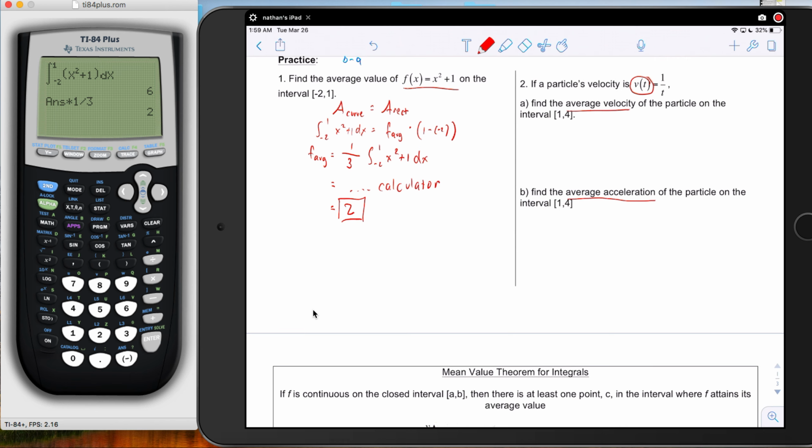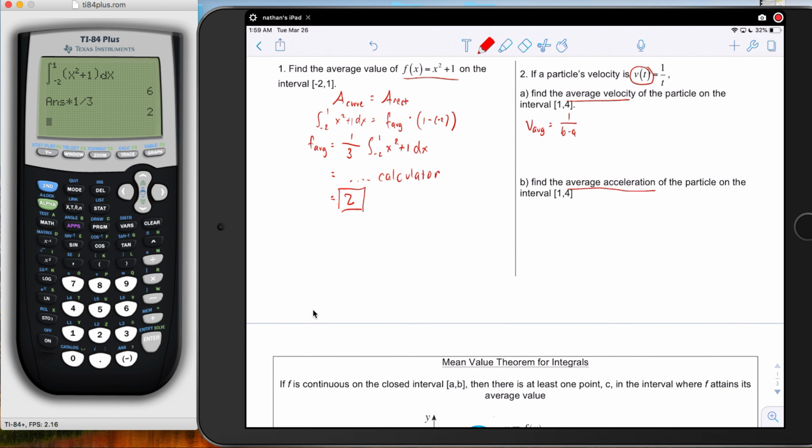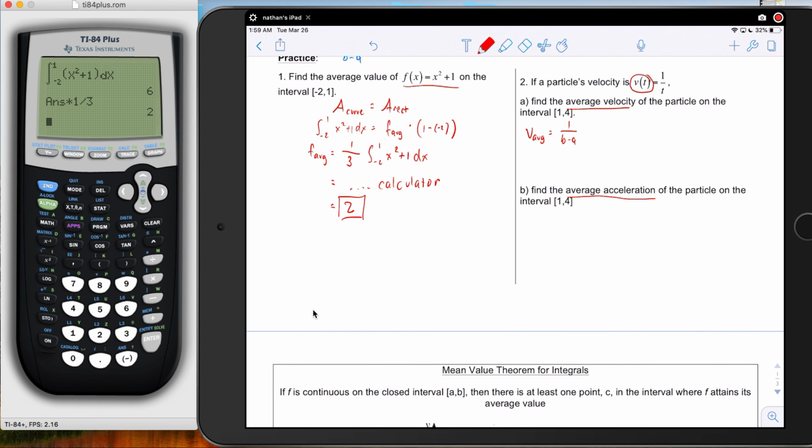So v average is going to equal 1 over b minus a. I happen to memorize the formula because I remember the concept so much. You go from a to b of v of t dt, which is equal to 1 over 4 minus 1, integral from 1 to 4 of 1 over t dt.